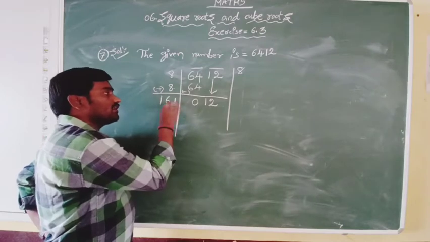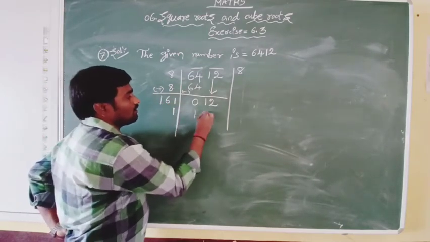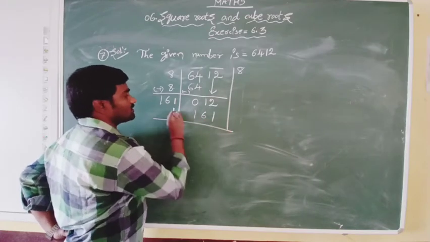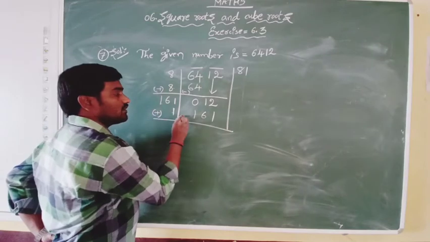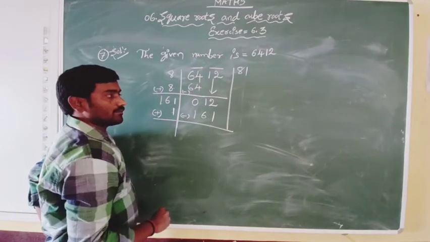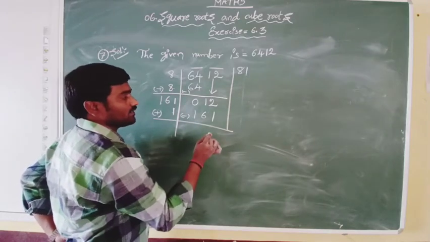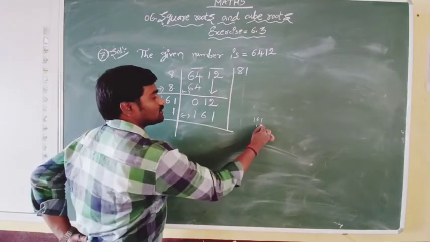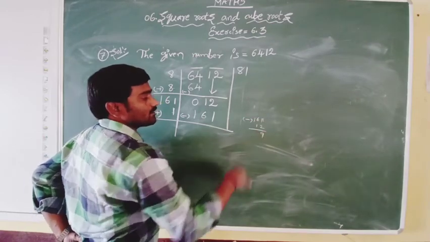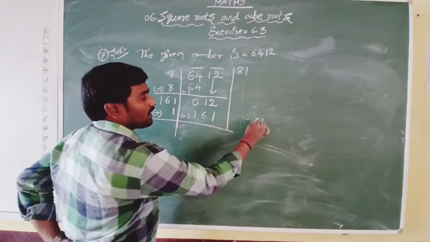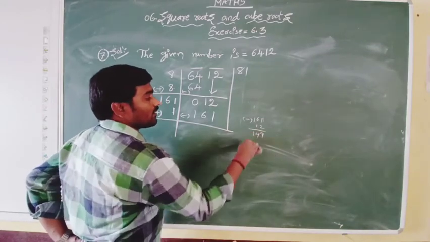Here if I keep a 1, the 16 becomes 161. 161 ones are 161, and the same one I will write here. But we know the process: here you need to add and here we need to subtract. Here 161 minus 12: 11, that is 9, and 5 minus 1 is 4, and 1.